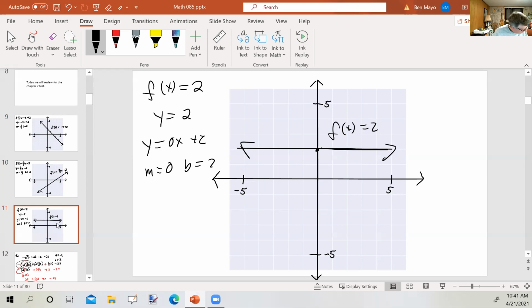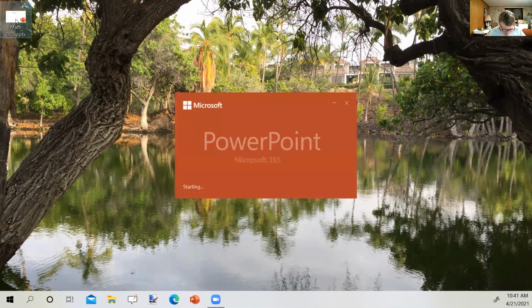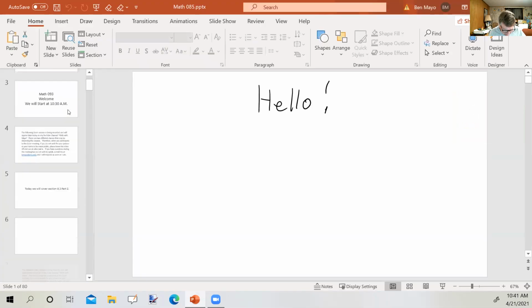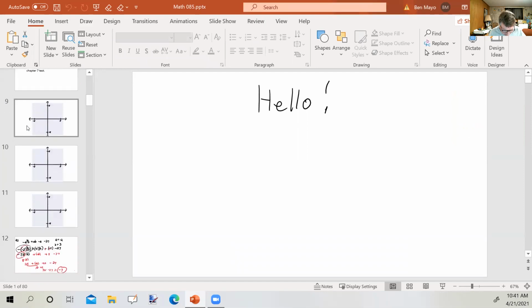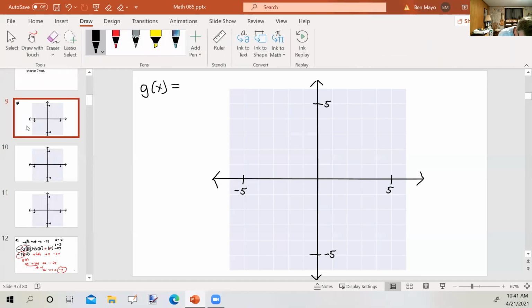All right. Let's do one more of these. To do that, I'm going to close this, open it again, and go back down to this, and we have g of x equals negative 0.25x.